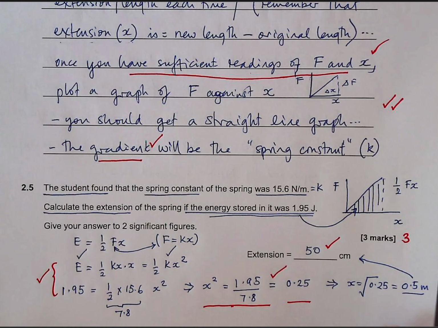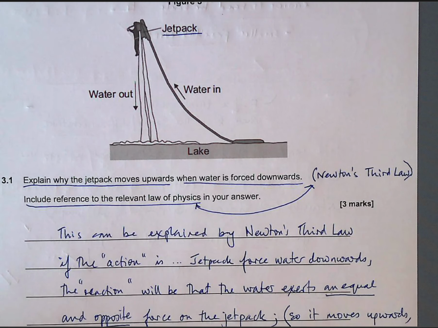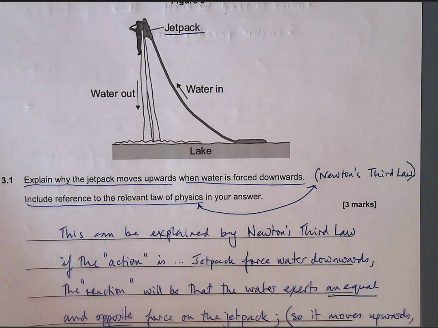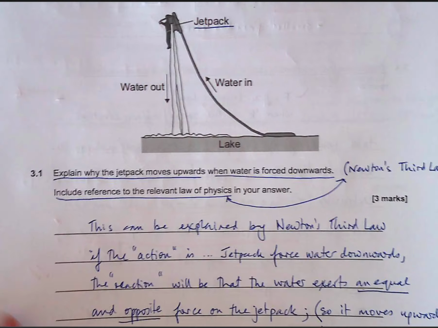Okay, so that's 2.5 done. Over the page, we're on question 3. Question 3 has another part to it, just making sure I have the other part ready as well. Okay, so question 3 is about a jetpack.